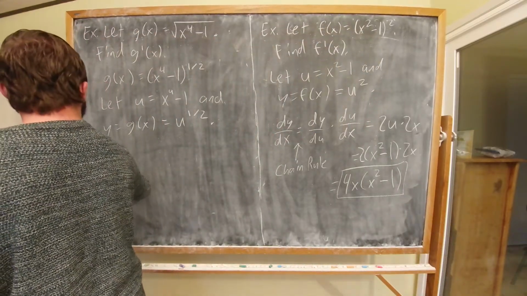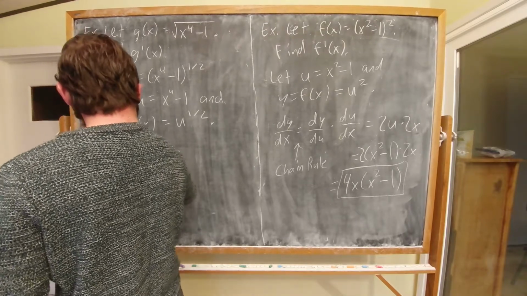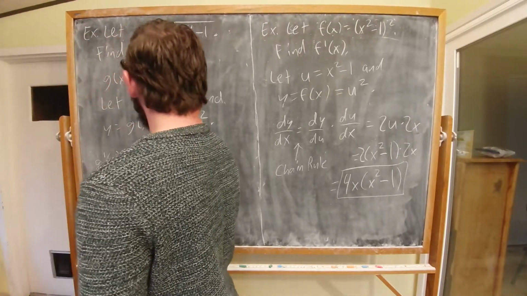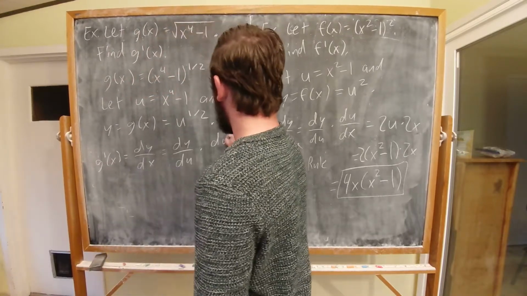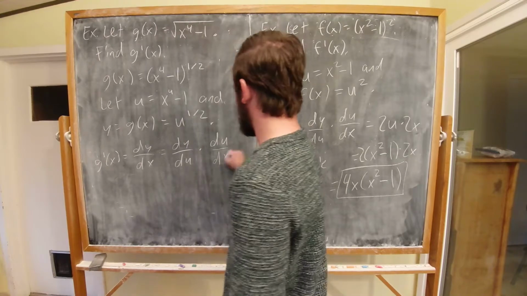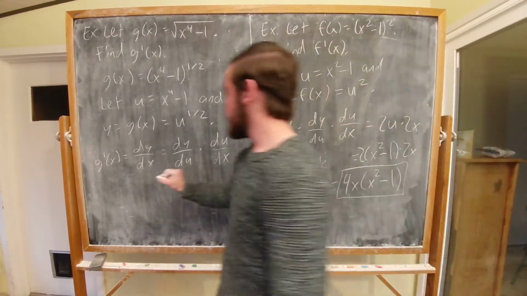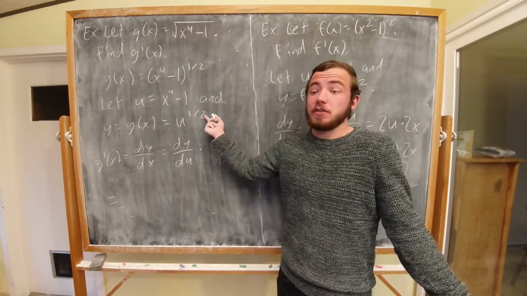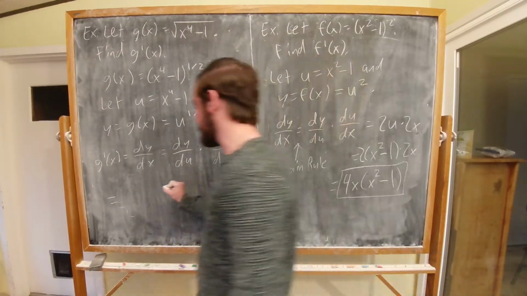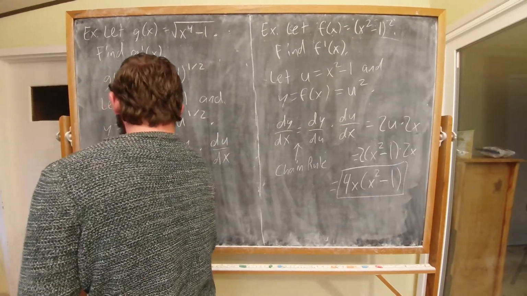Now, g prime of x is dy dx, which is, by the chain rule, dy du times du dx. Cool. dy du is just a simple application of the power rule: 1/2 u to the negative 1/2.